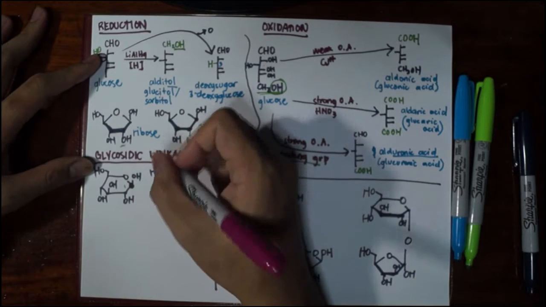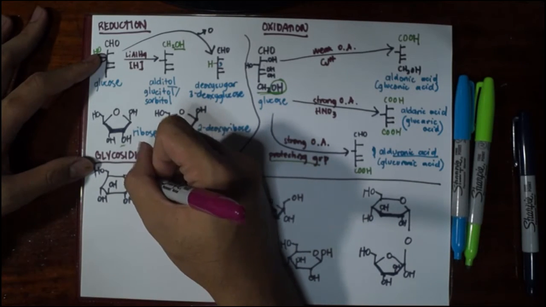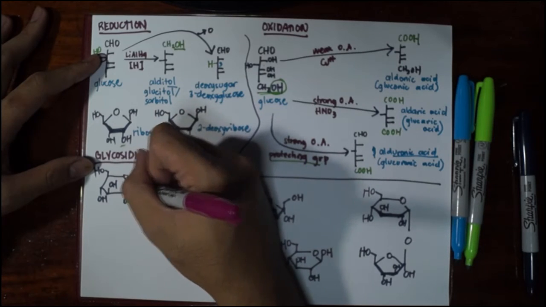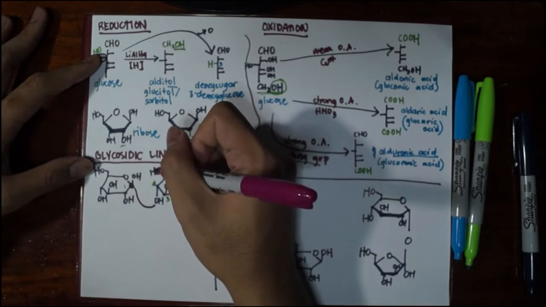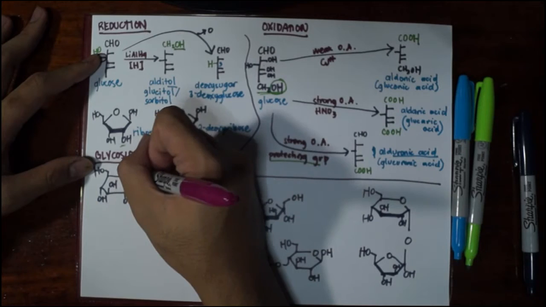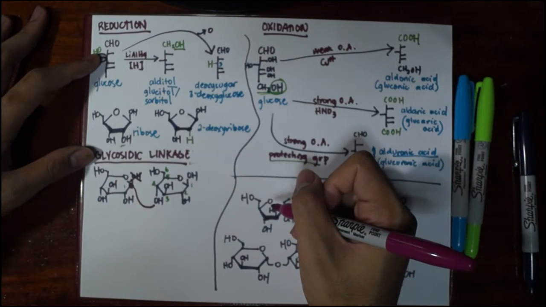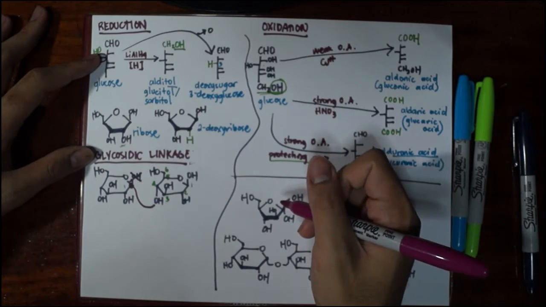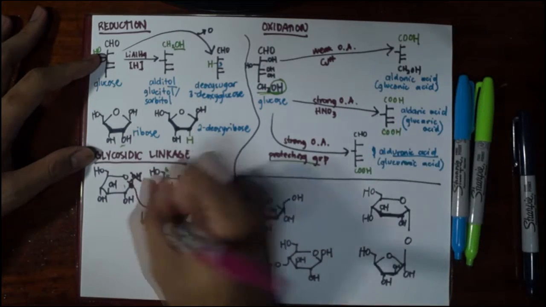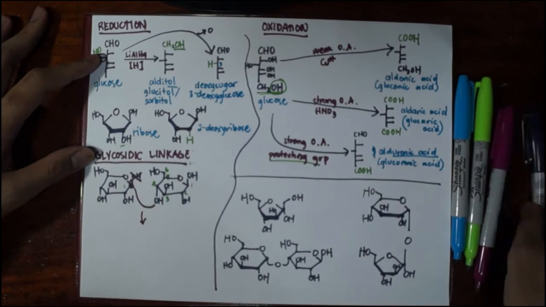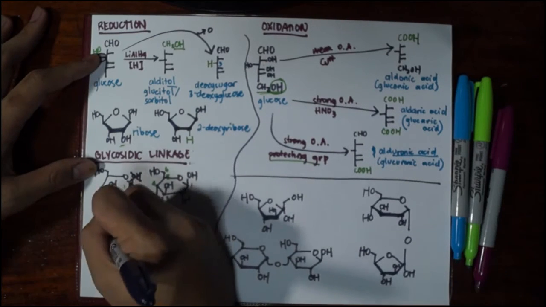What happens is that this one would form a bond with this, at the expense of removing a hydroxyl group right here. And so after the reaction, what would happen is something like this. I'll draw it again completely.